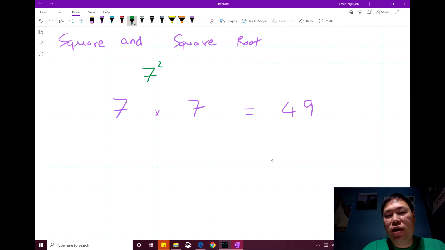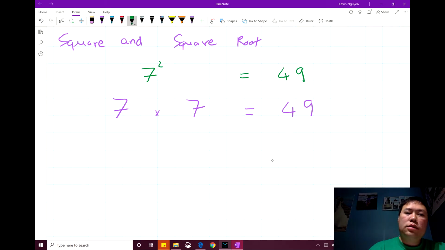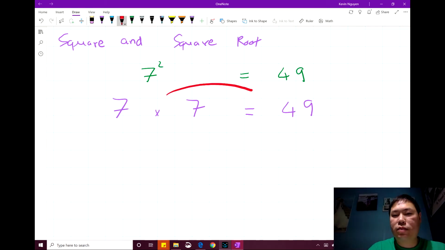So 7 squared equals 49. If you go from left to right, from 7 times 7, that's a process of squaring some number, right? What if you go from right to left?